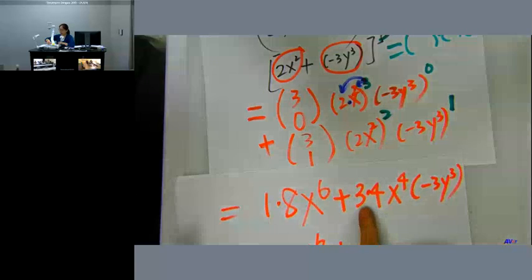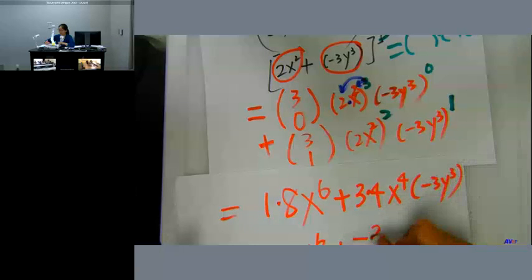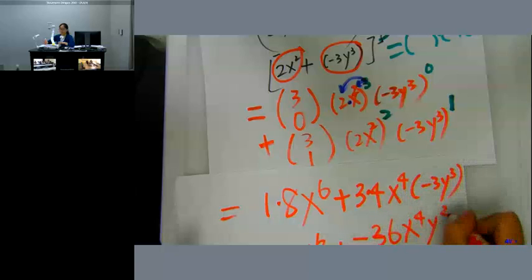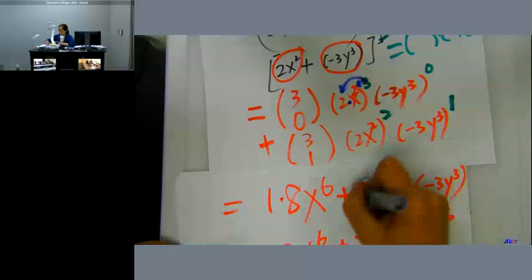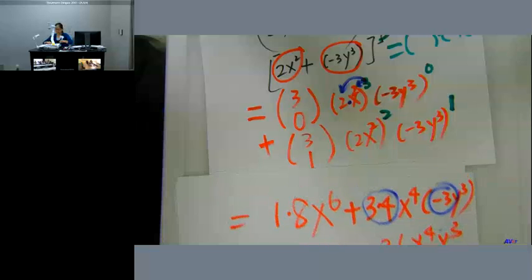And simplify it. 3 times 4 is 12. 12 times negative 3 is negative 36. And x fourth and y third. Okay. You do have to multiply all the numbers if you can. Okay. And continue to get the other ones. Okay. All right. Other questions?